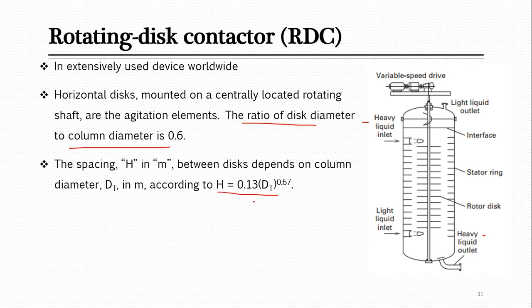People have observed that this is optimum and provides better mass transfer. H is the spacing between these rotor discs, and it is 0.13 times dt to the power 0.7, where dt is the tower diameter, or column diameter.